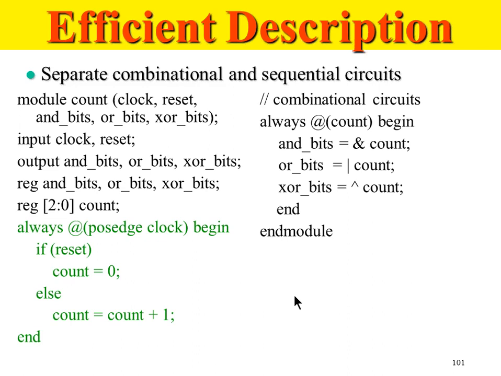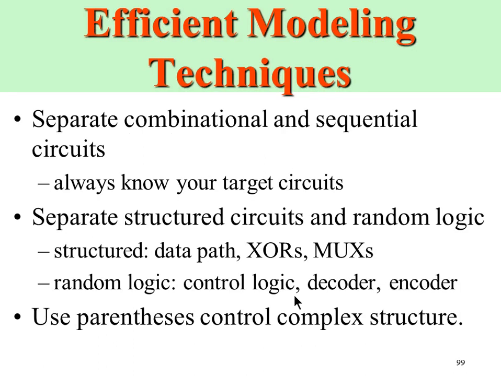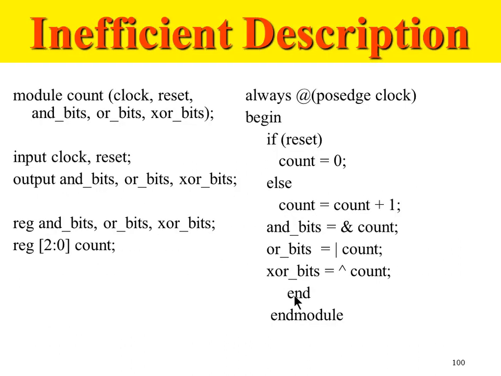Okay, I'll explain. Going back a couple of slides, these are the guidelines that we saw. Separate the combinational and the sequential circuit wherever possible is guideline number one. Separate the structured circuit, where data paths and control logic are separated wherever possible, is guideline number two, and the parenthesis part is okay. We try to control the multiple operators.